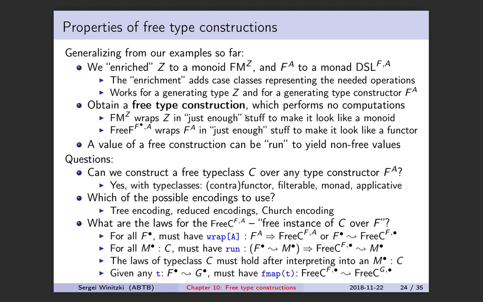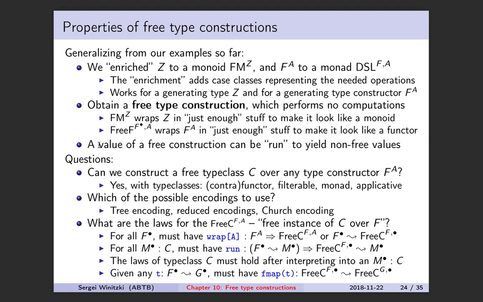It doesn't actually perform computations inside. It just adds some stuff so that the result looks like a monoid. And similarly, the free functor wraps a type constructor in just enough stuff to make it look like a functor.